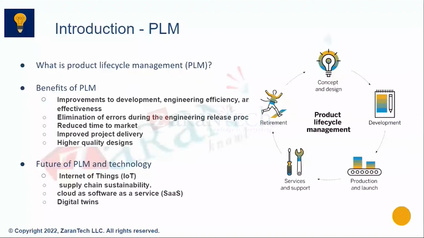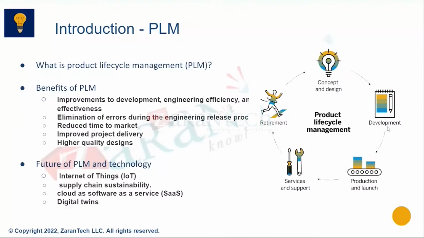So that's what you can see on the right hand side. This starts with a trigger from concept and ideas, concept and design for a product. And once this concept and design is approved by a set of stakeholders, or a set of authorized people from an organization, they will hand over for development.